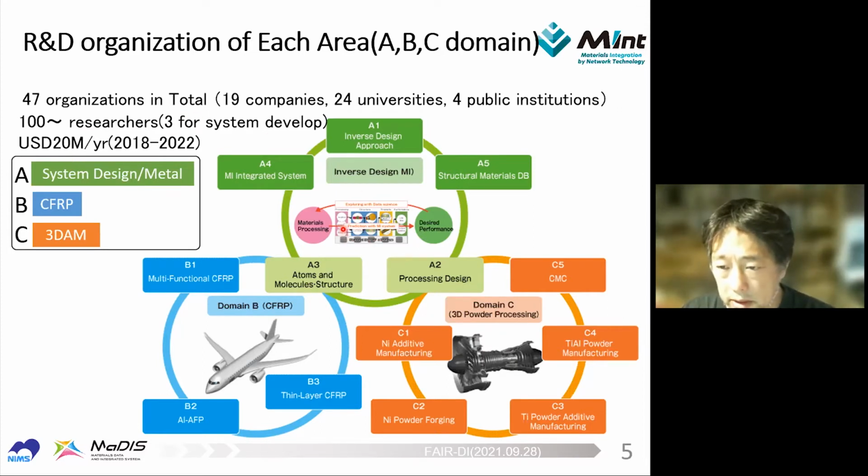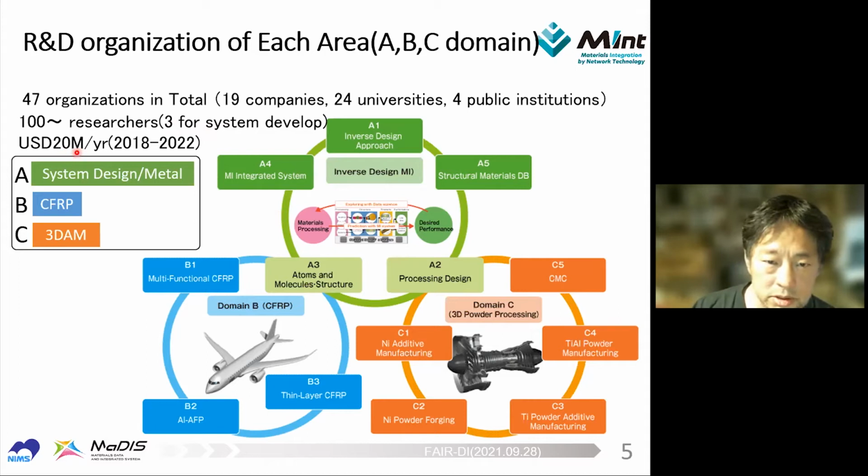More than 100 researchers are participating in the whole project. However, 3 or 4 persons work on the system development, and I am responsible for the system development. And the budget is $220 million US, or almost $20 million US a year.